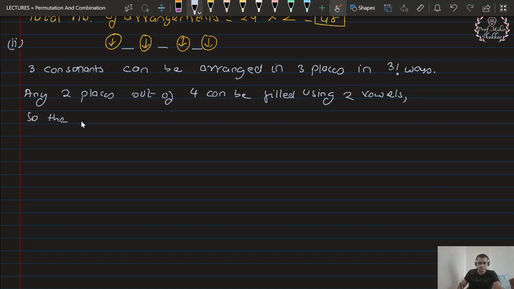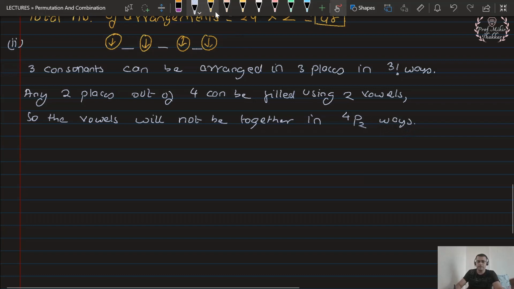So the vowels will not be together in 4P2 ways. Why is it 4P2? Because the total number of places is 4, so n is 4, and you just have two vowels, so only two places will be filled, so r will be taken as 2. Therefore we consider the total number of cases for the vowels as 4P2.